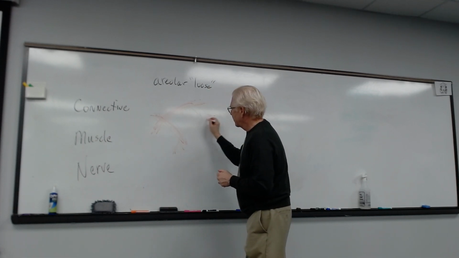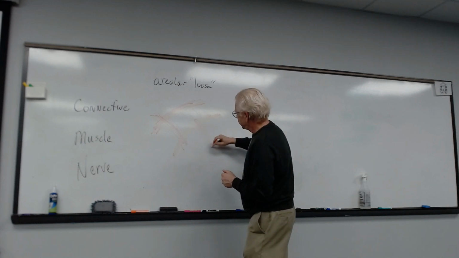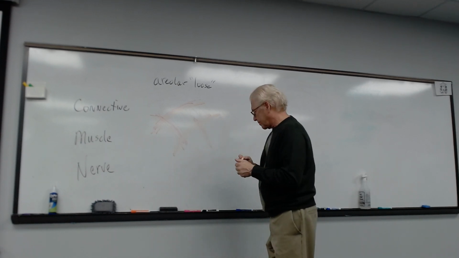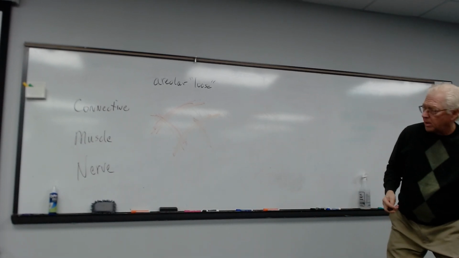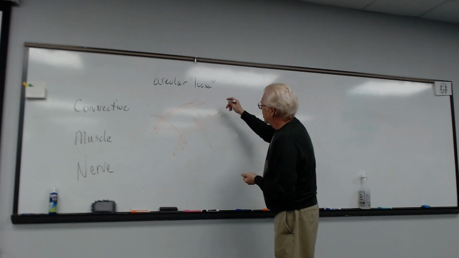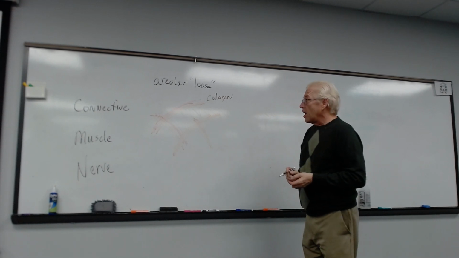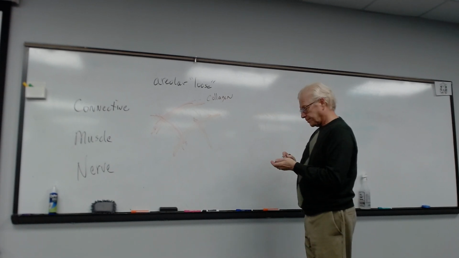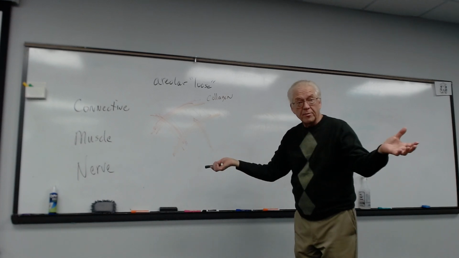All right. So, we have all these big collagen fibers for strength. Collagen, that's a protein for strength, okay? I mean, if I pinch my skin, does it break off in pieces?